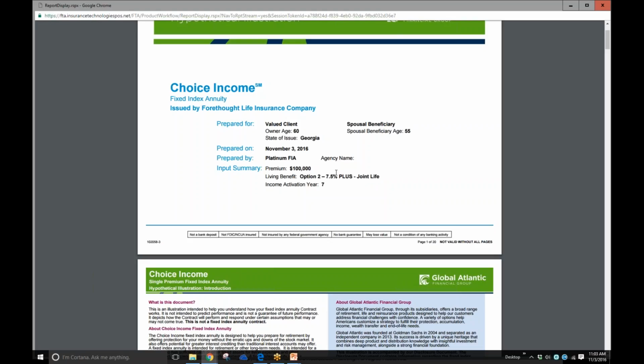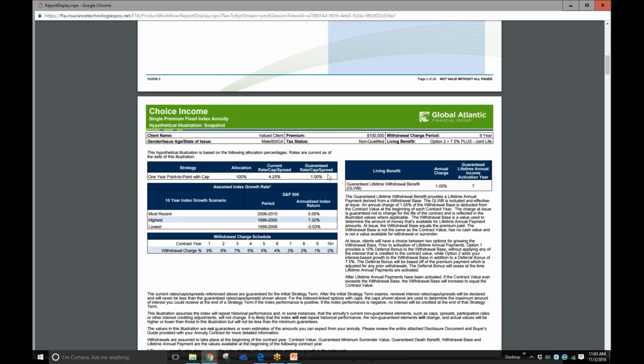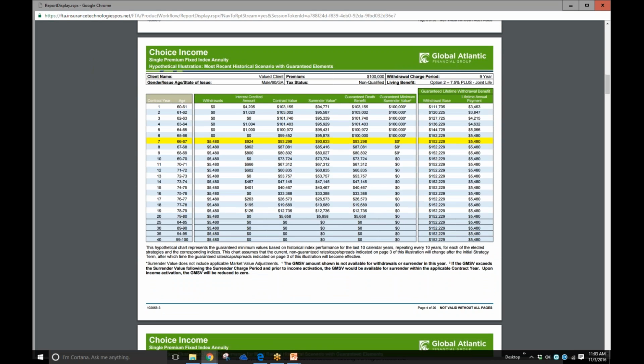Now, this is option 2, which means the roll-up is only 7.5, and the rest of it. So looking at this, I've got to get down here. Here's what we see, okay. Age 66, 67, I've got 5,480. And the reason we're seeing that is this is with guaranteed elements.